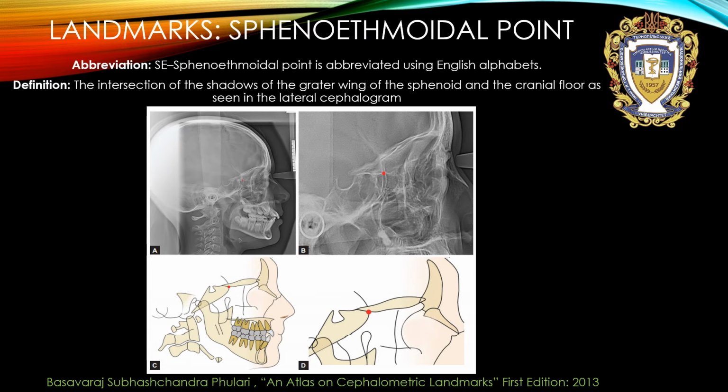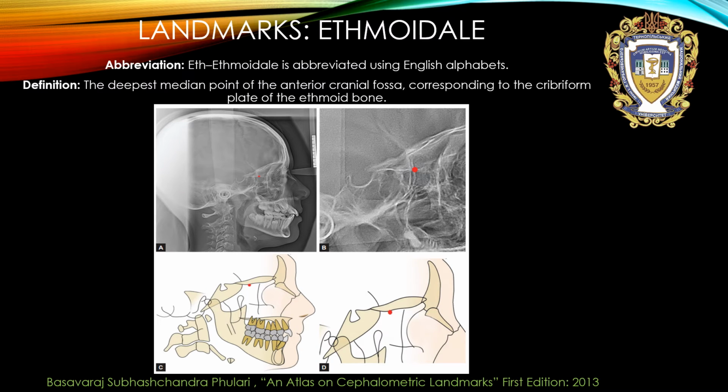Sphenoethmoidal point, the intersection of the shadow of the greater wing of the sphenoid and the cranial floor, as seen in the lateral cephalogram. Ethmoidale point. It is the deepest median point of the anterior cranial fossa, corresponding to the cribriform plate of the ethmoid bone.